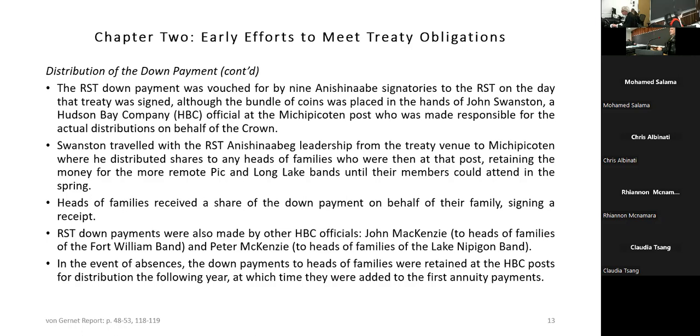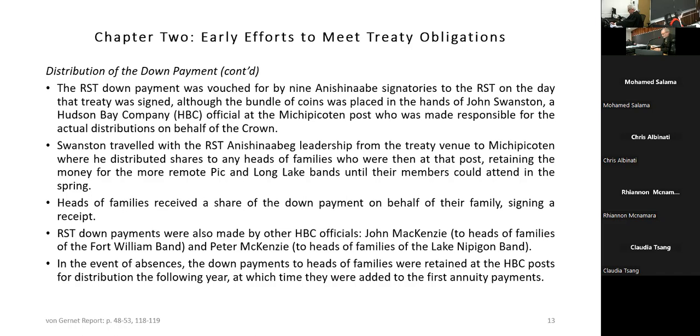As early as the down payment, there were already absences. It was not an unusual circumstance. These are very mobile societies who live off the land and don't linger too long in one place, although they did frequent these Hudson's Bay Company posts because that's where the trade goods were.